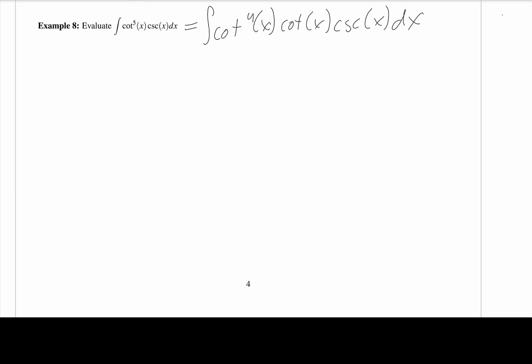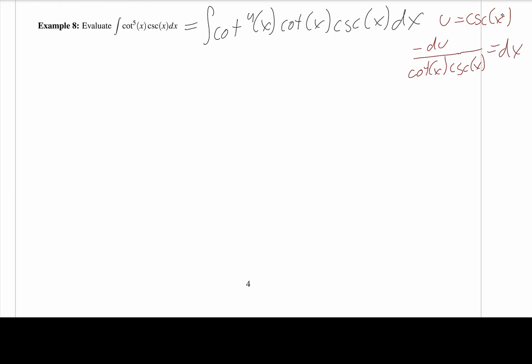And then what I use is u equals cosecant of x. So u equals cosecant of x, which means that negative du over cotangent x cosecant x is equal to dx.